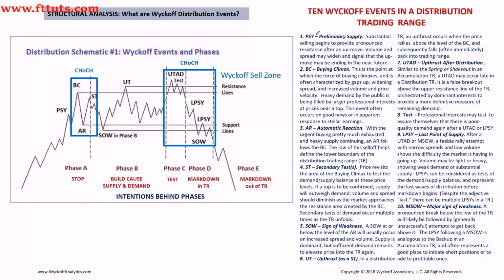As usual, I'm giving you the definitions and the characteristics of all of the Wyckoff events in the distribution range. This is something that I want you to print out, to have in your library, and to study as a homework assignment, and obviously to remember those characteristics. And remember this sequence.